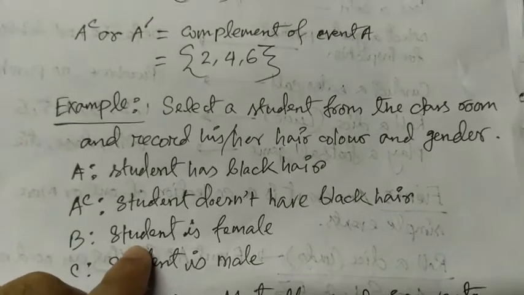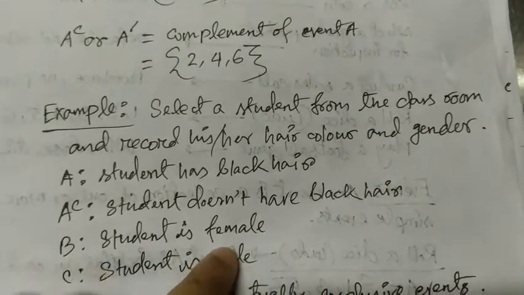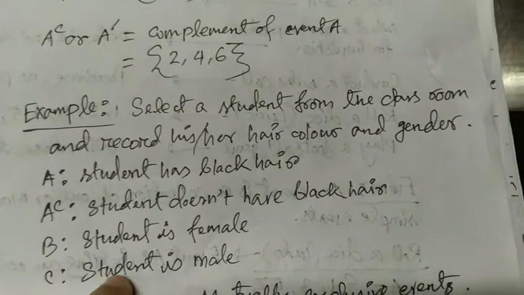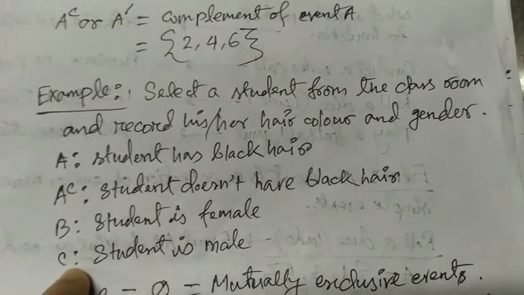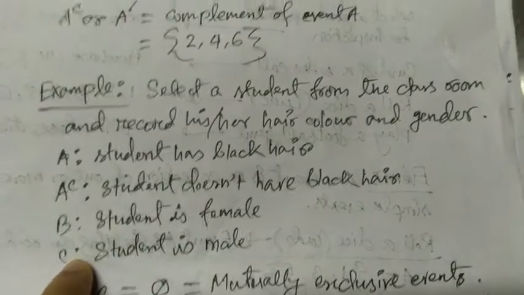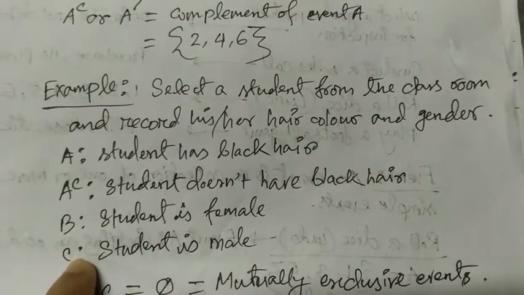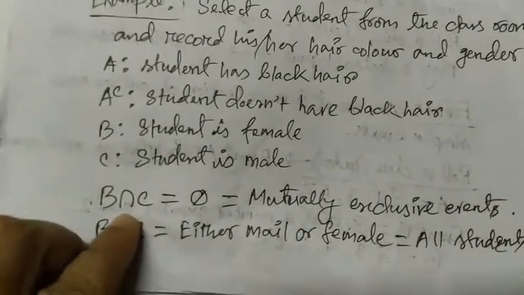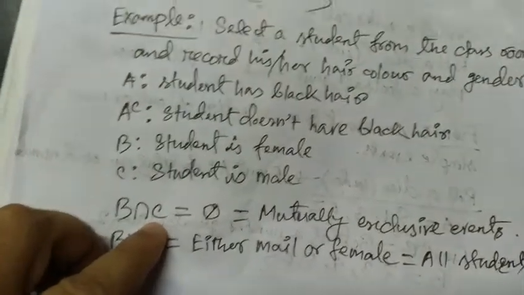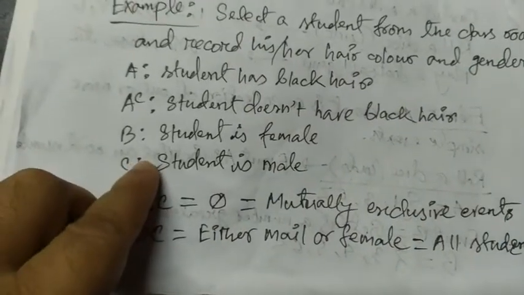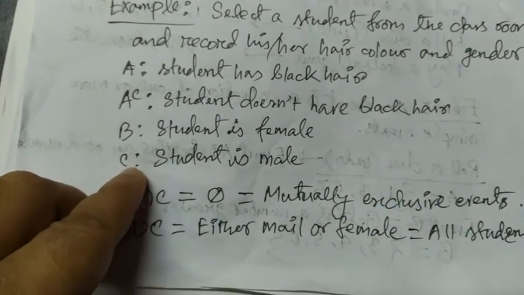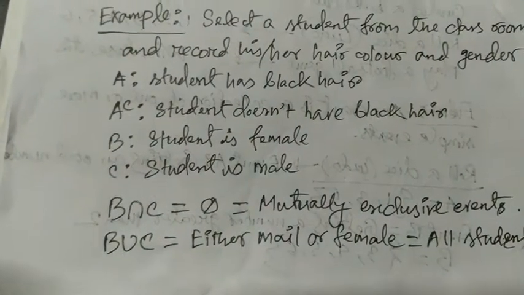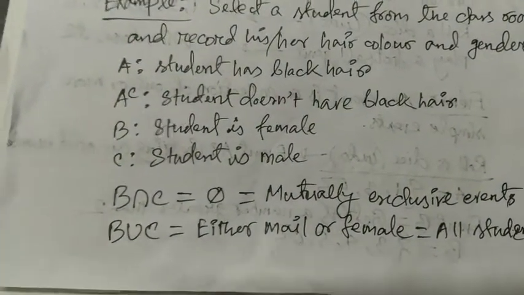So event B is student is female. So obviously the opposite of B is student is male. So we name it as C, or maybe this can also be named B prime or B C. Now as you can see, B intersection C means common outcome between B and C. That means whether there is any student with common gender.